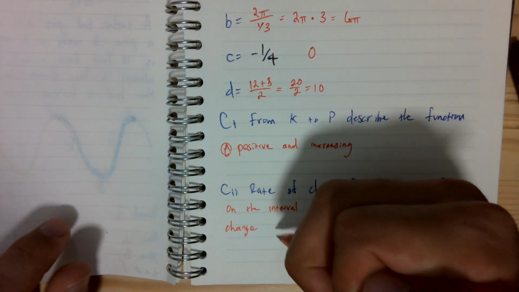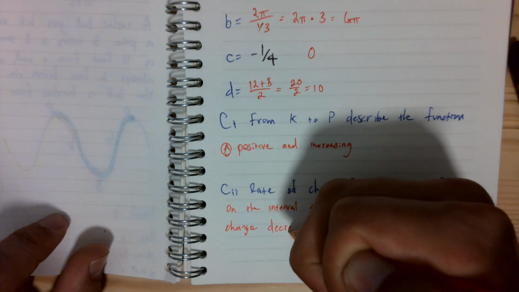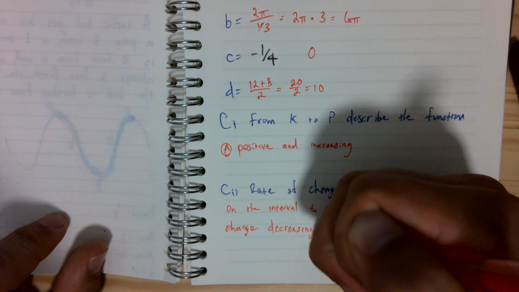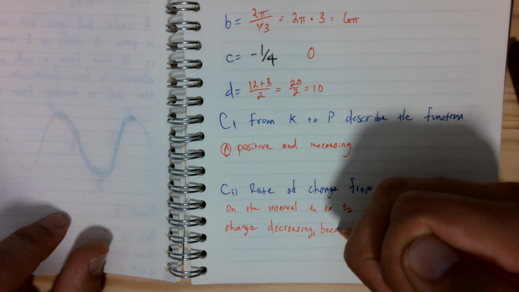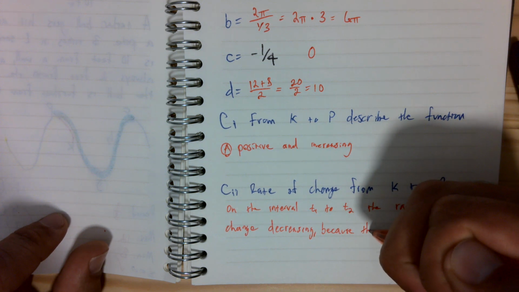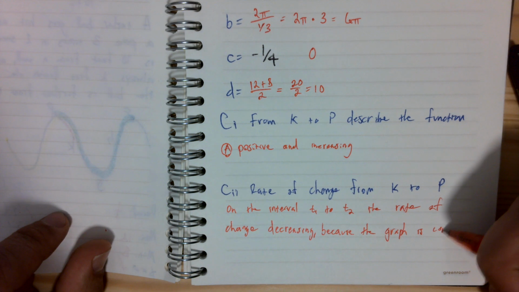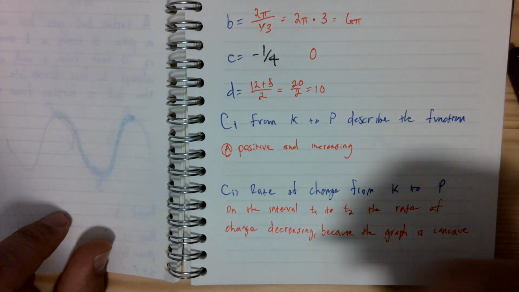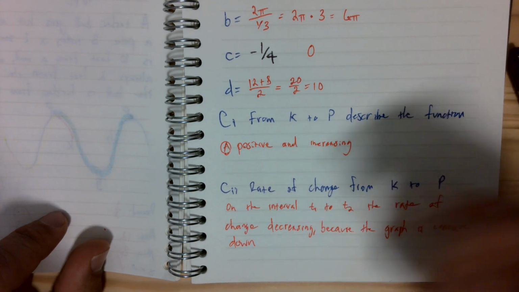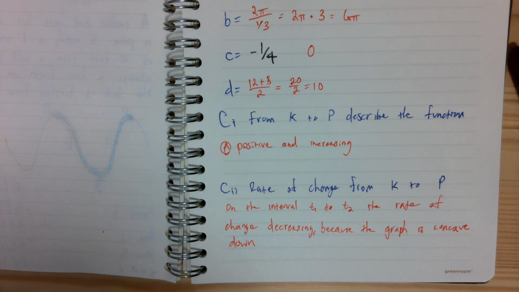So that is going to be decreasing. And then there is because the graph is concave down. And there you have it, folks. If you watched all 3 of those, hopefully you got a better understanding of FRQ 3.